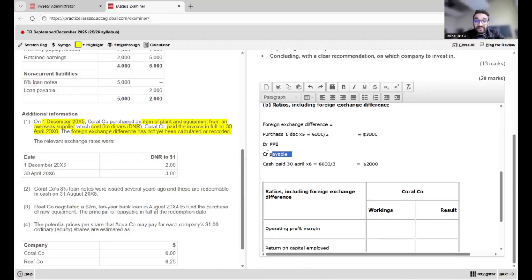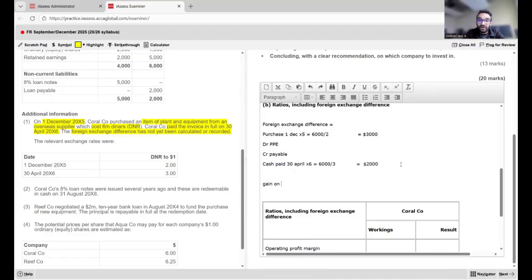You were supposed to pay $3,000 to the payable, but eventually the rate has appreciated, the dollar appreciated, so now you need fewer dollars to pay that supplier. You need only 2,000, so it is a gain on settlement. It is not a loss; it is a gain on foreign exchange. Now for this Coral company, number one, we need to calculate the gain.